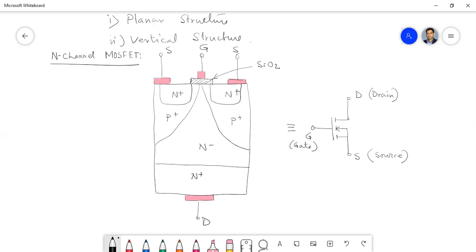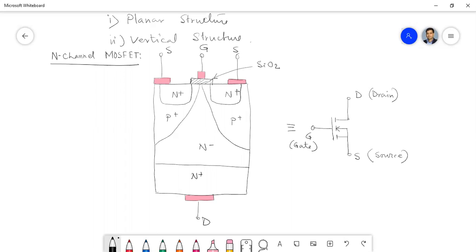Now, can you tell me in which direction the current is supposed to flow? Drain to source or source to drain? No, the current is supposed to flow from drain to source.